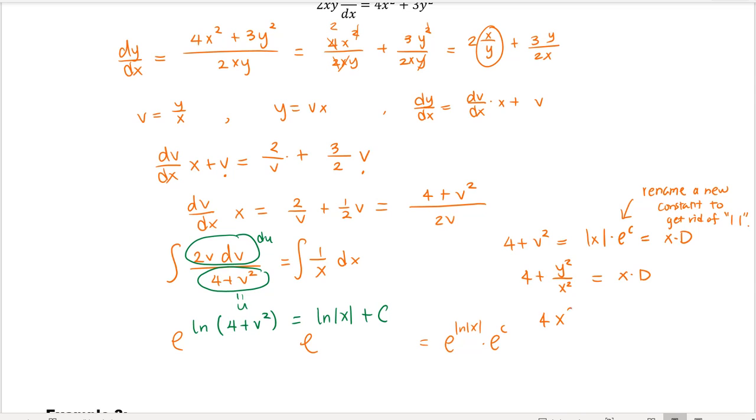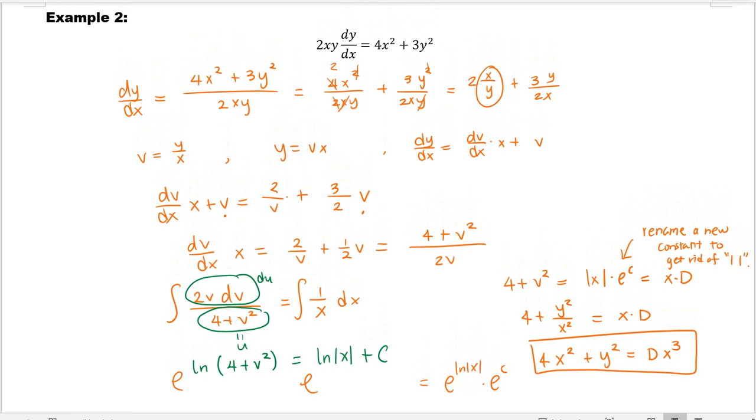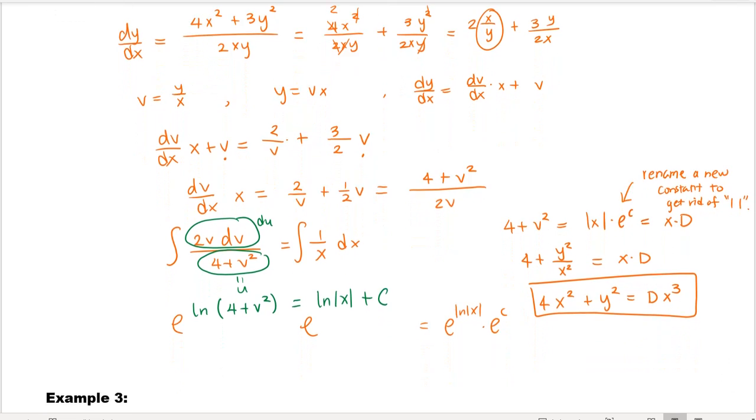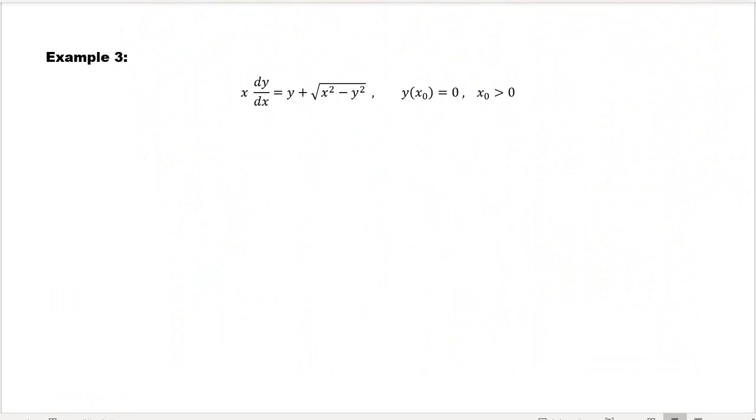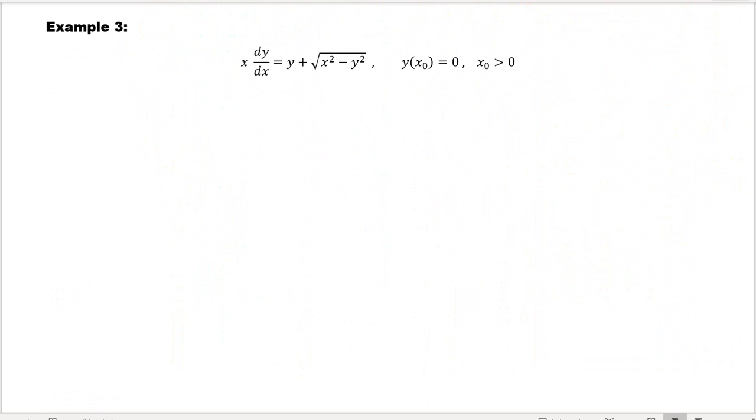Then we have 4x squared plus y squared equals d x cubed. So this is the solution. Okay, if you want to continue, you can solve for y, right? So this is example 2 about homogeneous nonlinear differential equations. Okay, let's continue to look at example 3.